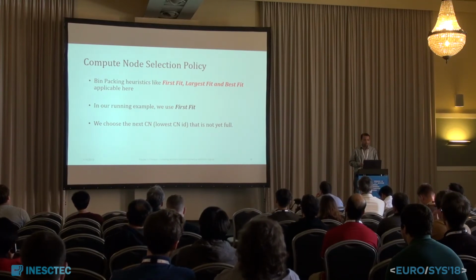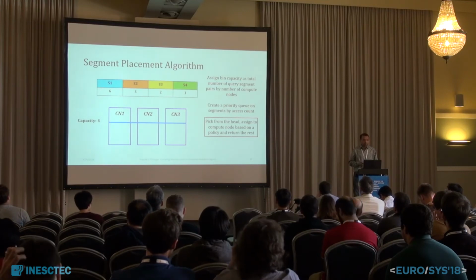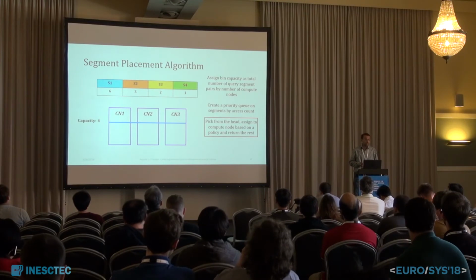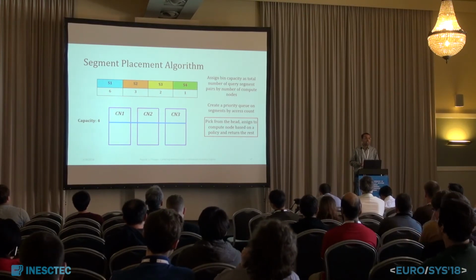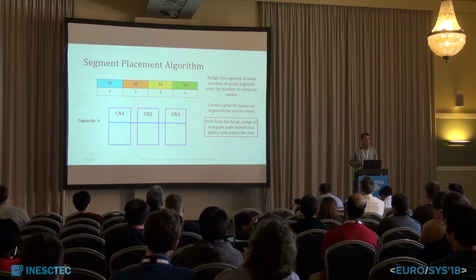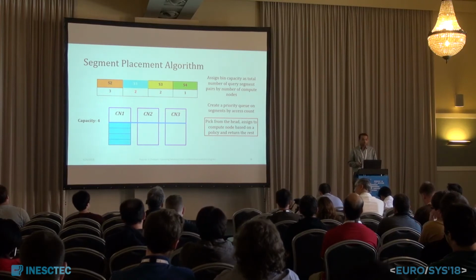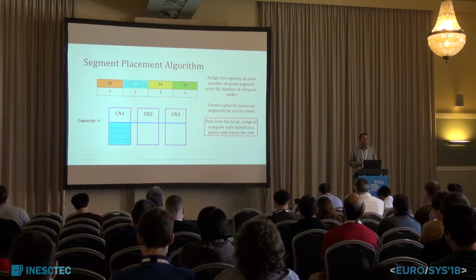So let's return to our example. As we see, segment S1 gets picked first, but it has 6 queries to fit, but compute node 1 has just 4, so it just fits 4 and returns 2 back to the queue. Note that its position changes in the priority queue. The next highest block is S2, and it can fit in CN2.